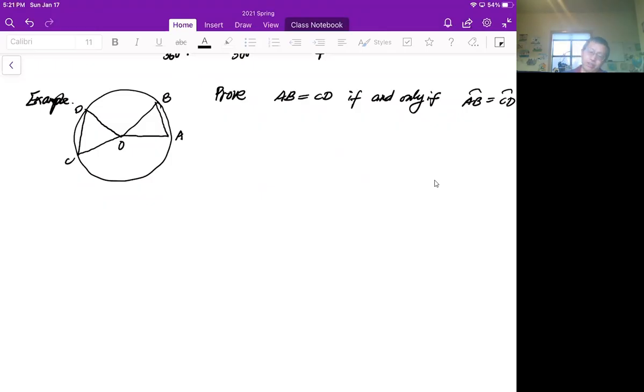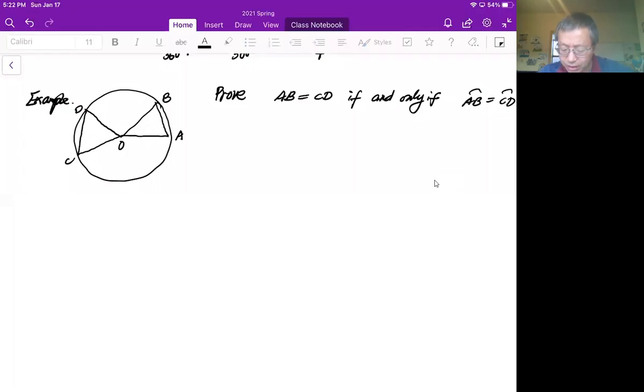What's the other one? The arc measure of AB is the same as the arc measure of CD. What does that mean? It just means that the arc measure corresponds to the angle. So there's nothing new here.